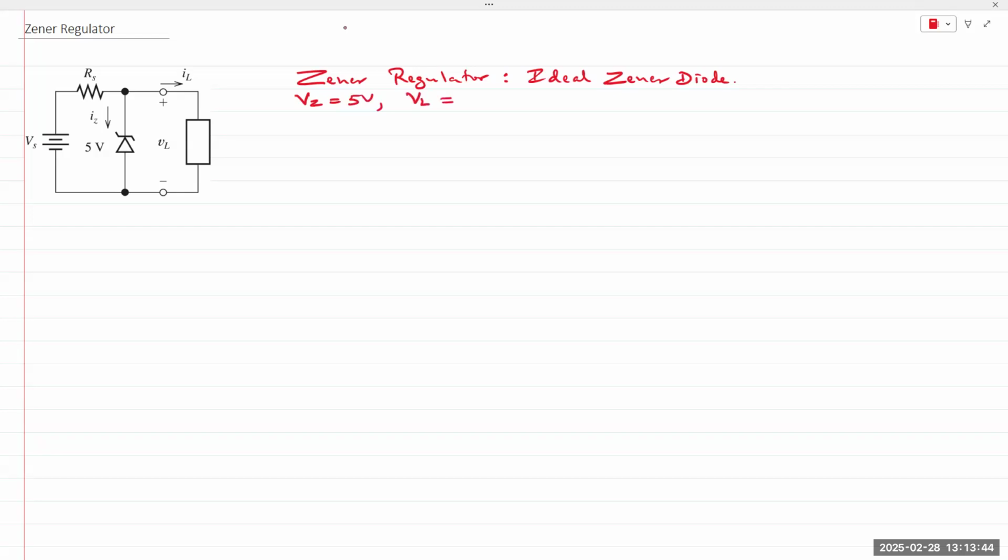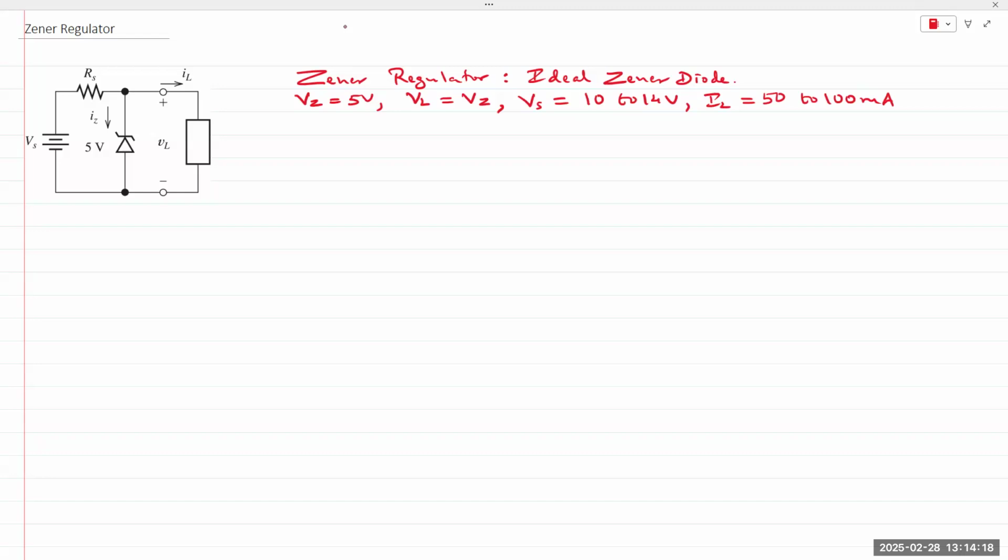VL hence is also 5 volts, because VL is equal to VZ. VS can vary from 10 volts to 14 volts, and IL can vary from 50 to 100 milliamps.